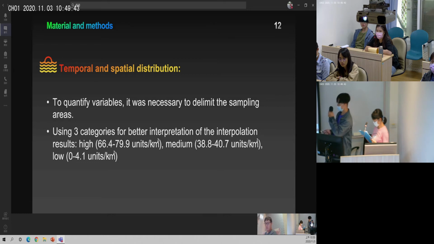We use the technique of KDE, and we count how many units of nesting per square kilometer.